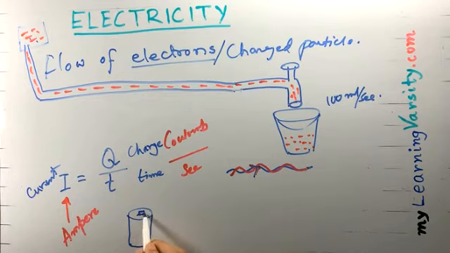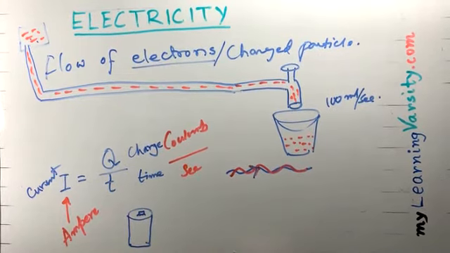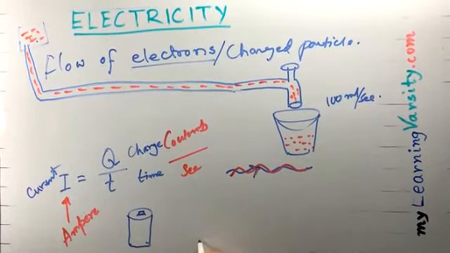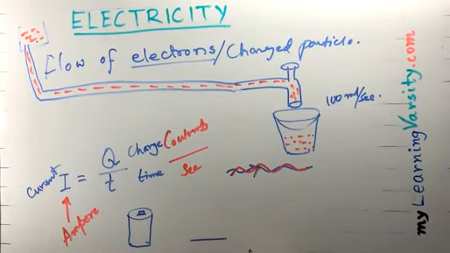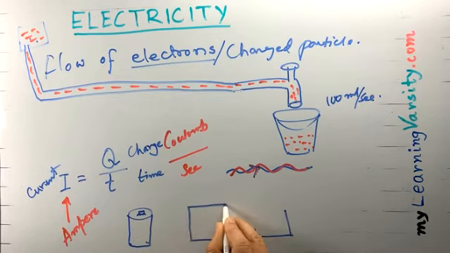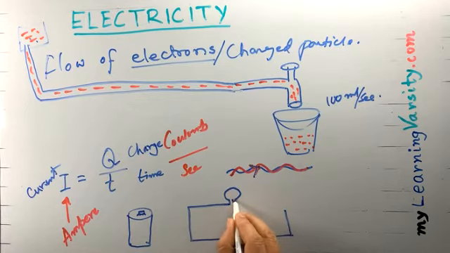So this will help us see what we do in a circuit. We put a battery here, and with the battery, let us connect a bulb here.